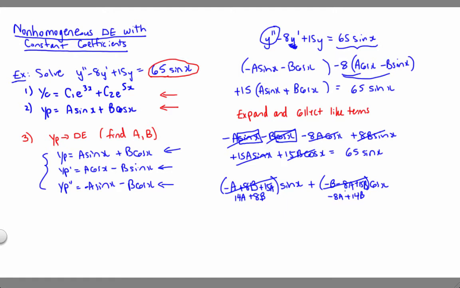Okay, and over on the right side, that is equal to 65 sine x, but probably even better to say 65 sine x plus 0 cos x. And we'll see in a minute why it's important to actually be clear here that cos x has coefficient 0.